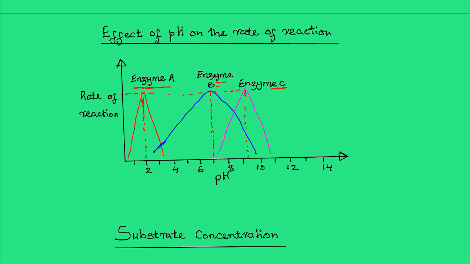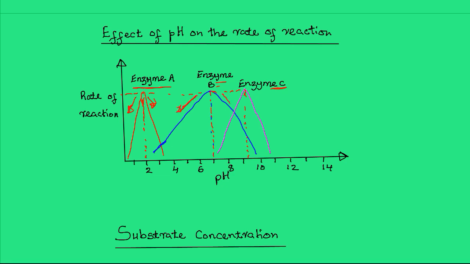So when the pH is either below the optimum or above the optimum, the rate of reaction decreases. For the same reason as in temperature, that is, at pH beyond the optimum, enzymes get denatured. So for enzyme B, pH below 7 is not conducive and the enzymes tend to get denatured.